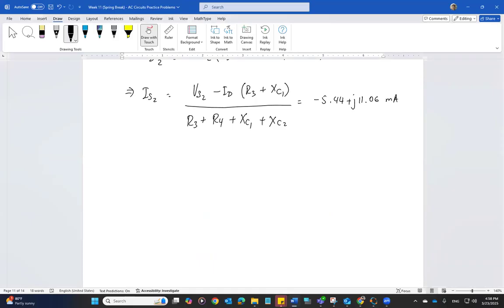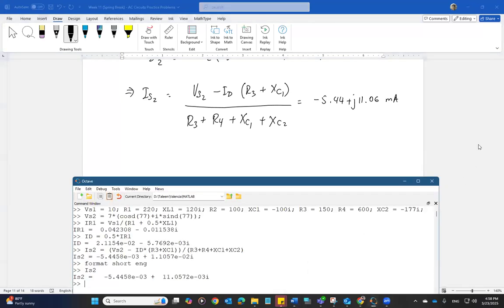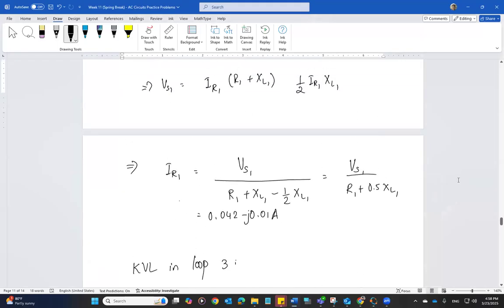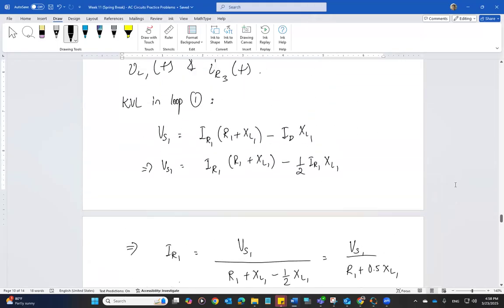Again, this is not our final result, so no need to convert this back into the polar form. The final values you need in the polar form because we also have to express those values in time domain.